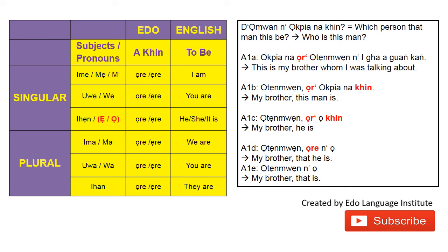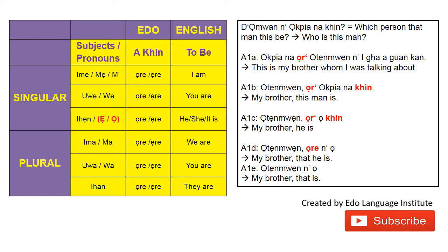We also have another form. We say Oteme oeno, my brother that he is. But the most common form is Oteme no. And Edo native speakers out there, you can also confirm this.